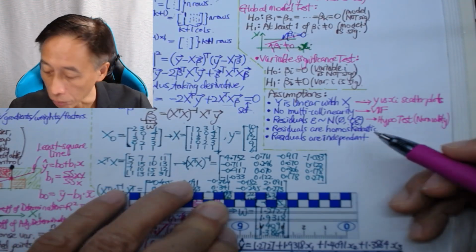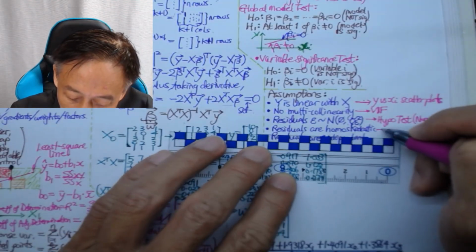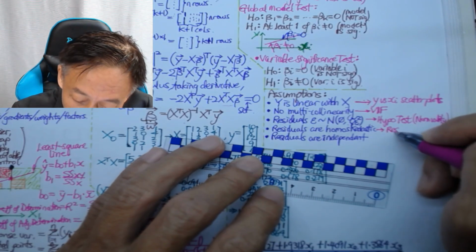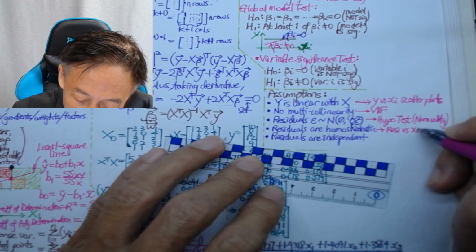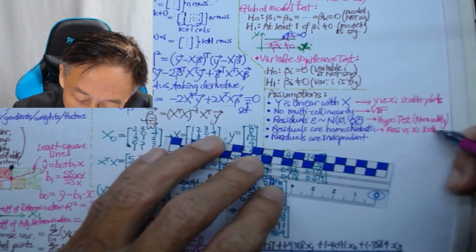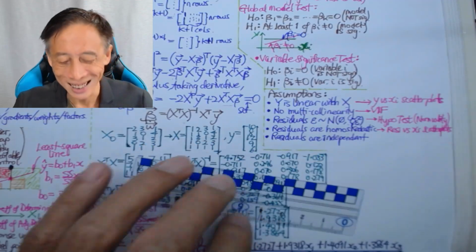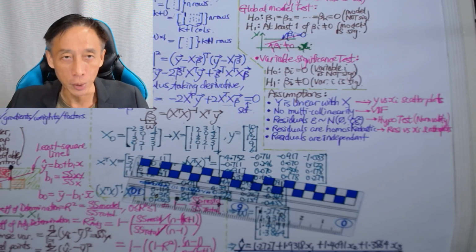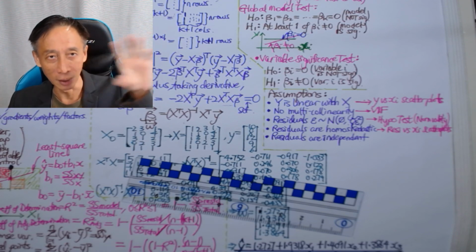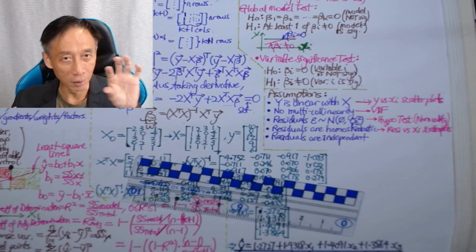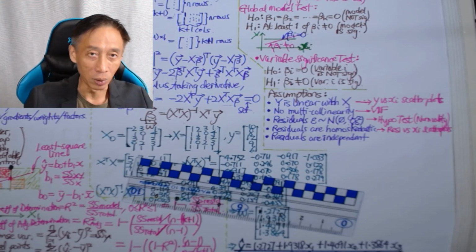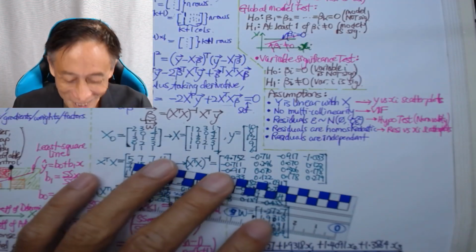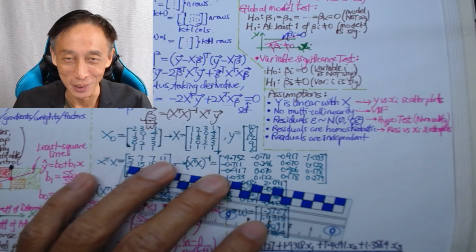In this case, we also want to quickly plot a residual versus Xi plot, just to see that the residuals are fluctuating the way they fluctuate and not showing some sort of pattern, like with larger X, errors going down, with smaller X, errors going up, or going down and then going up. Some sort of pattern will be problematic. So we want to see no pattern. We want to see white noise.